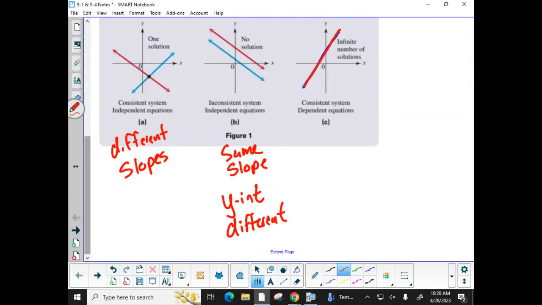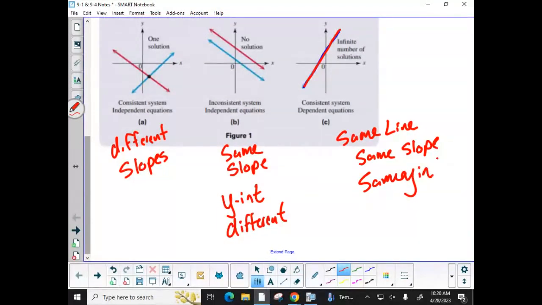All right, same slope, but the y-intercepts are different. For coinciding lines, it's the same line, right? Which means same slope and same y-intercept. All right, these are called coinciding lines.